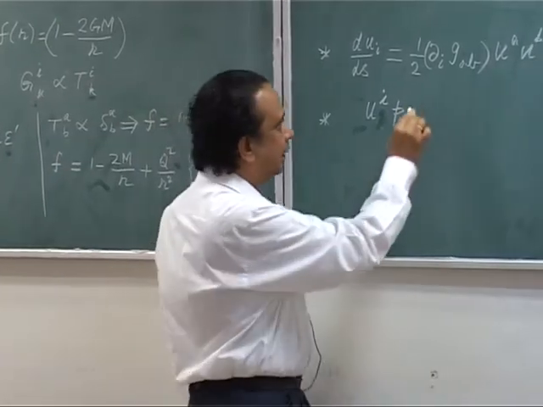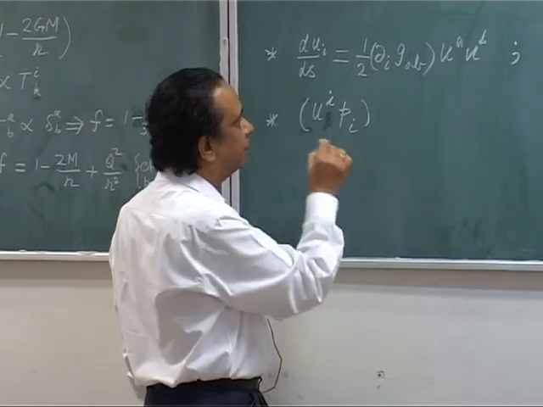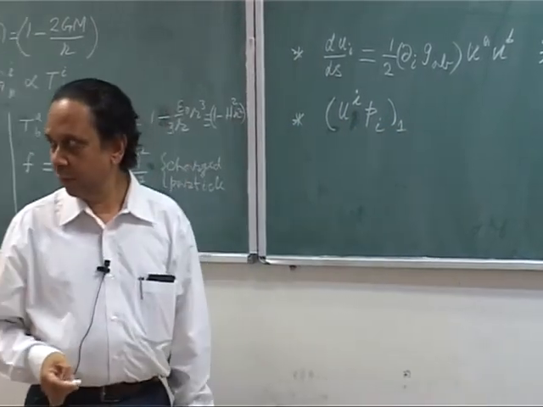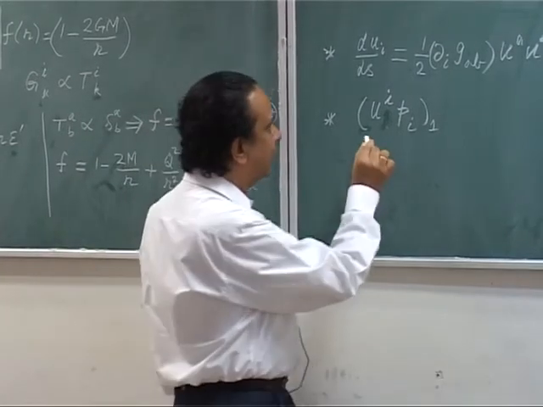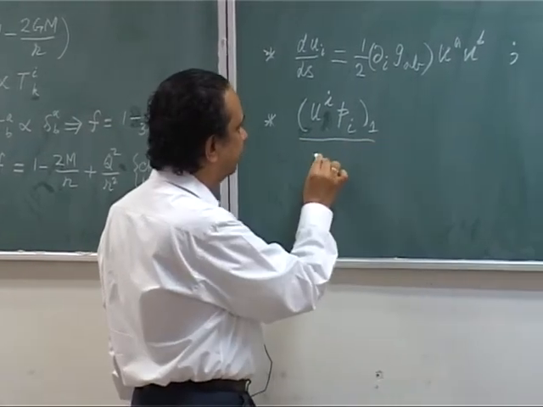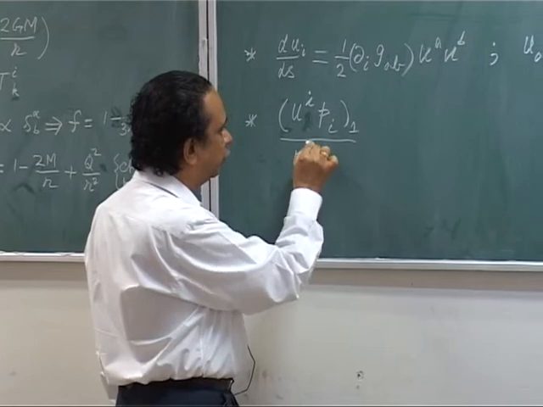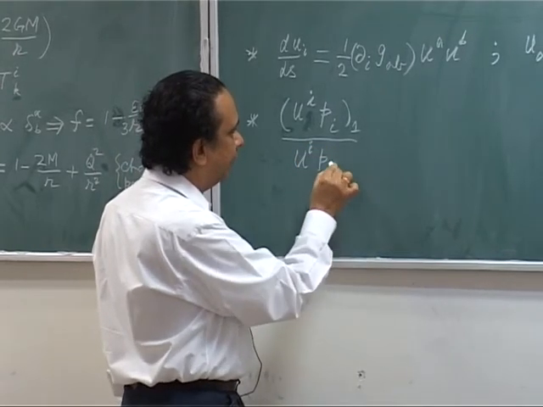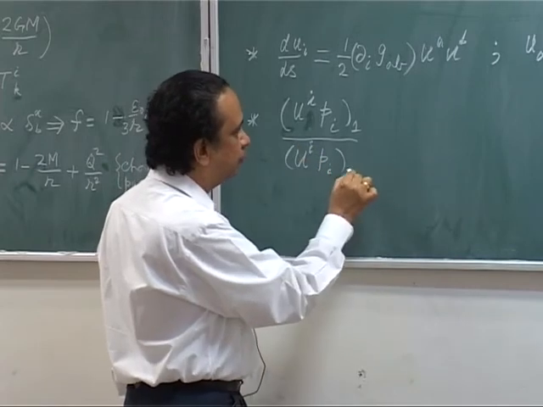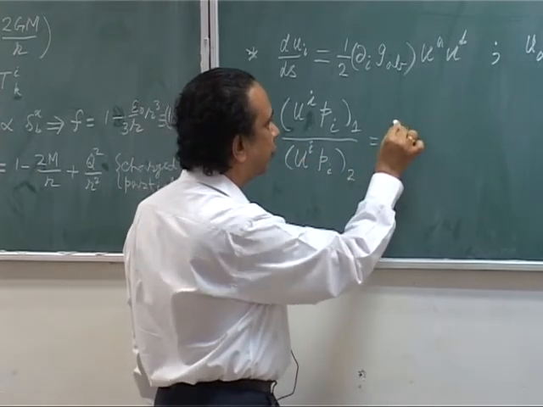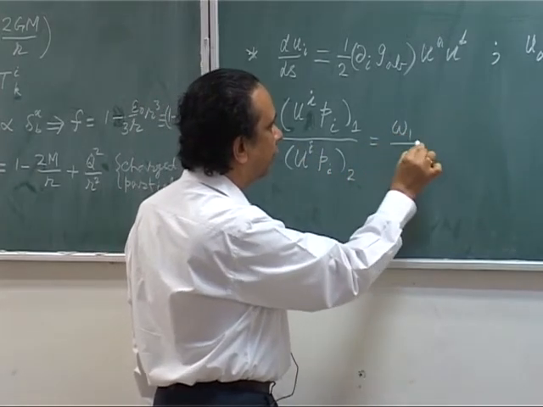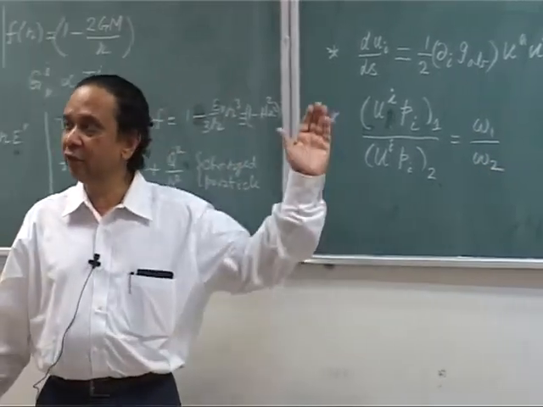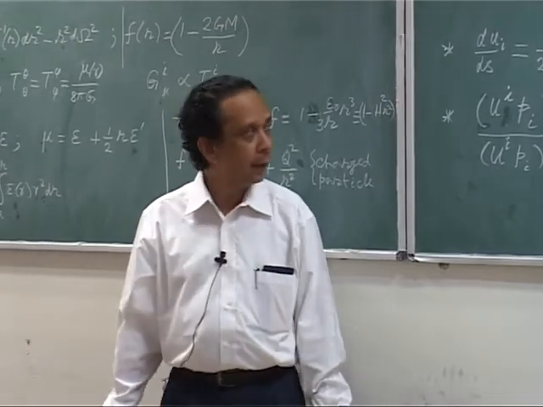So this will be an observer located at some point 1, let us say, okay. Then if I divide it by the observer located at another point, U^i p_i at 2, I am going to get omega 1 by omega 2. This is the ratio of the frequencies, okay.